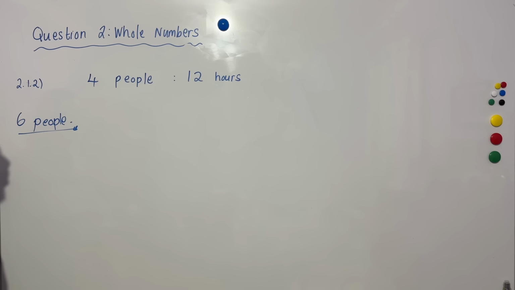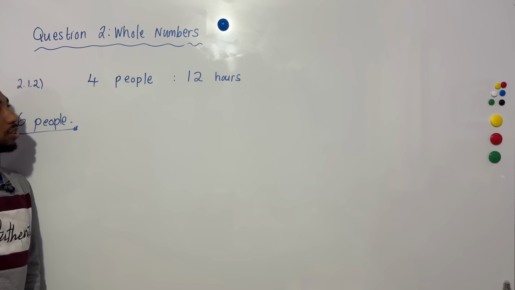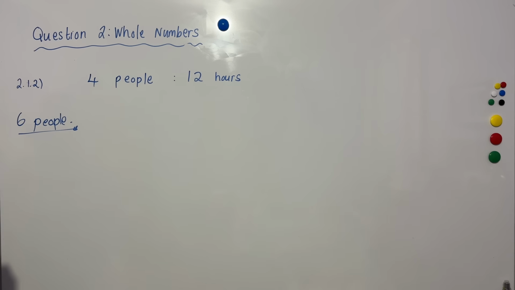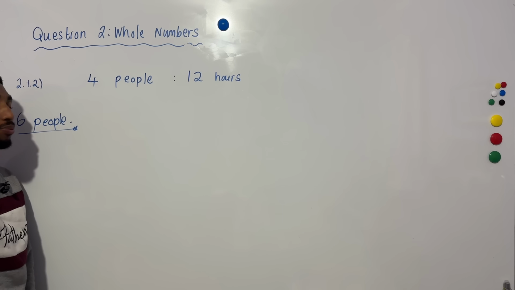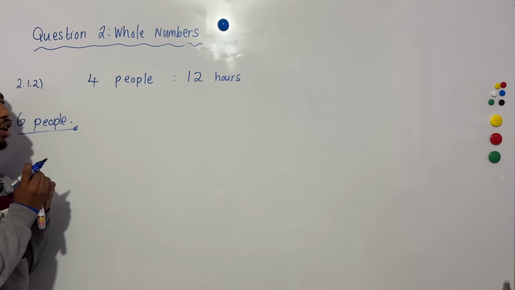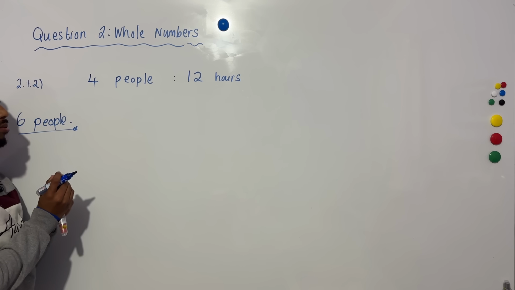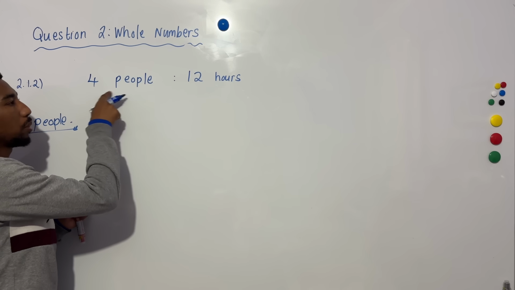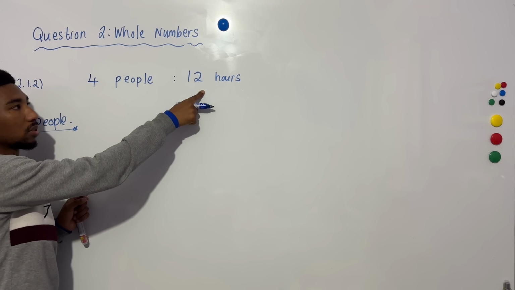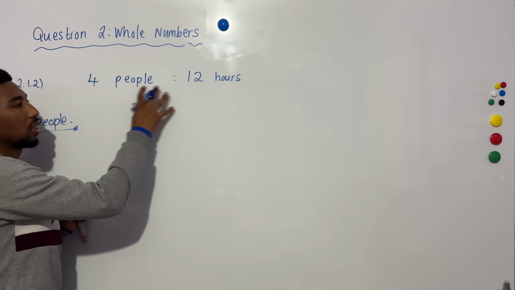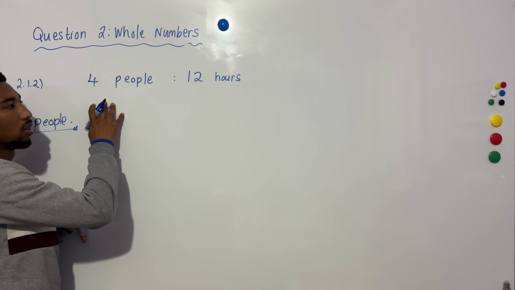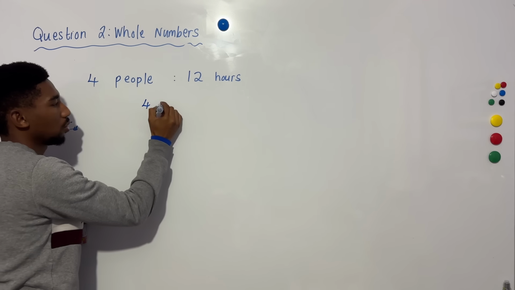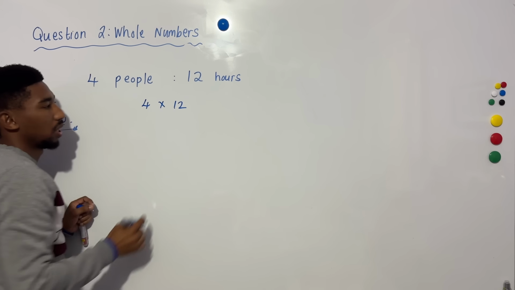And I'm going to figure this out. Now, 4 people, 12 hours. So I want to know how many hours it would take one person. It's very important not to divide this for now. If 4 people take 12 hours, I want to know how many hours it will take for one person. What I will do here, I will say 4 multiply by 12.